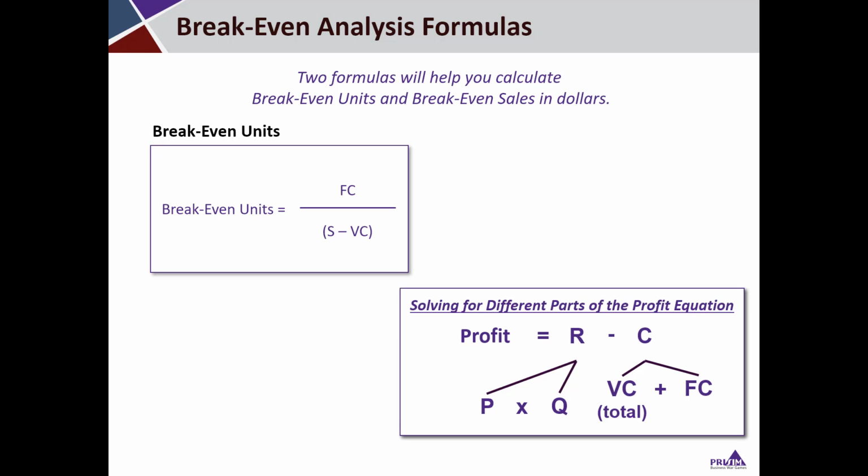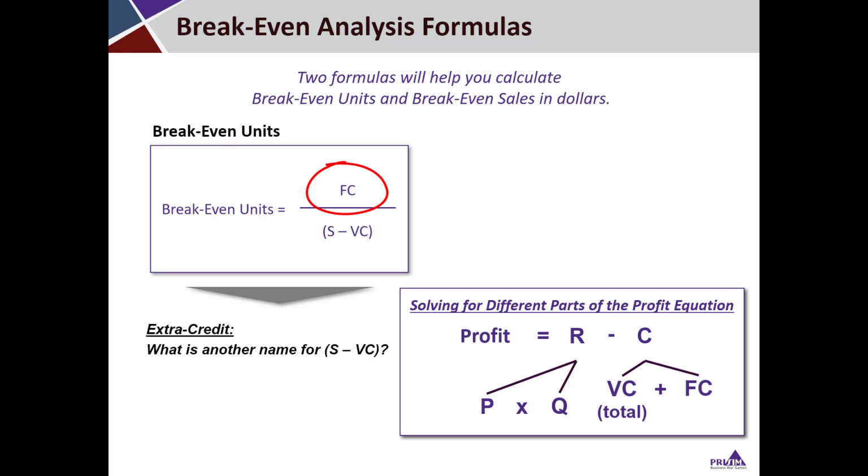And we're going to hold profit in the equation at 0 because that's the break-even point. And S in the formula is sales price, which is what we're showing as P, or price in the profit equation. And you can see that we're taking the fixed costs in the formula for break-even units, which is this big cost that we need to cover. And we're dividing it by sales price minus variable costs.